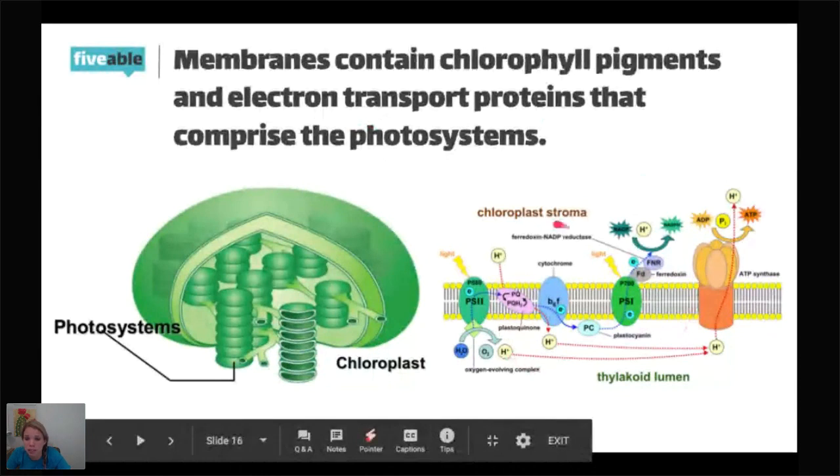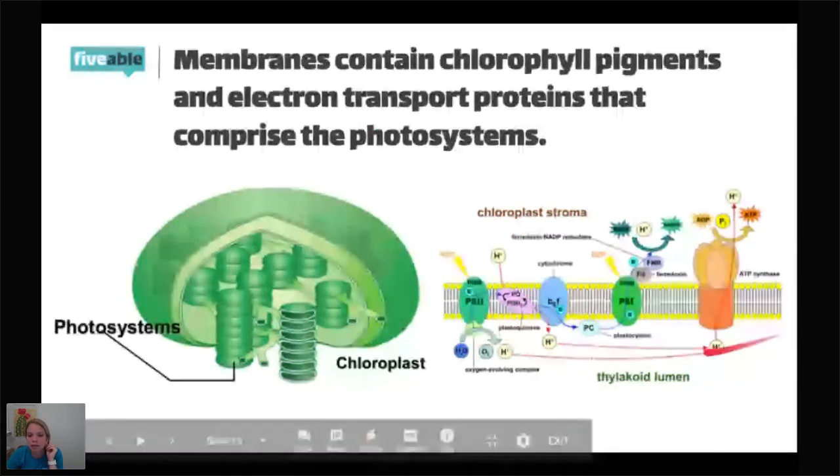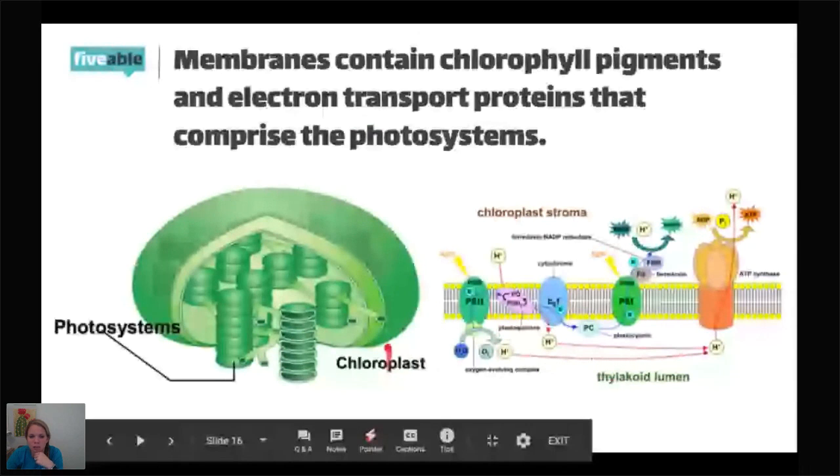But you'll notice here it says chloroplast stroma and thylakoid lumen. So chloroplast stroma, that means on this side, this is the outside, just kind of in that free space floating inside the chloroplast. The thylakoid lumen is inside the individual thylakoid. So this reaction right here is happening on the surface of a single thylakoid.